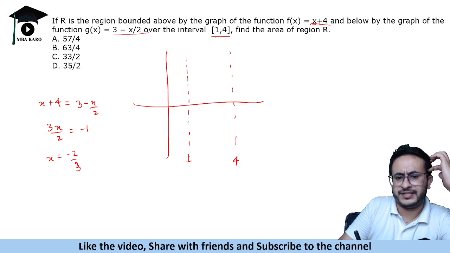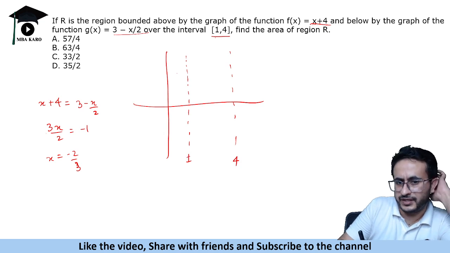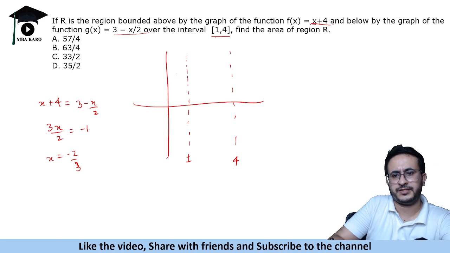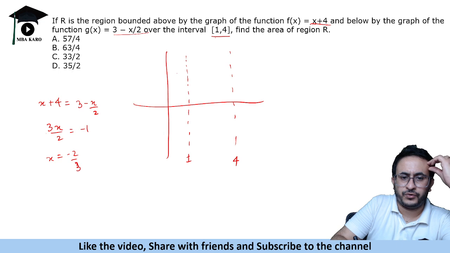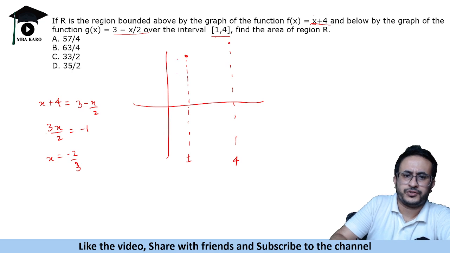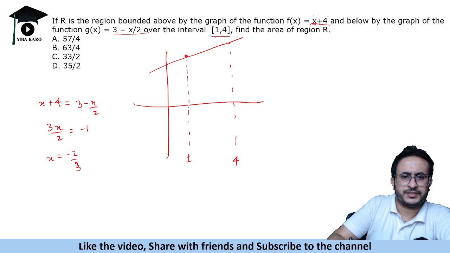So if x is 1, x plus 4, that is 5. So at 1 it is 5 and at 4 it will be 8. So this is the graph that will go on, 1, 5 and 4, 8 are the points.